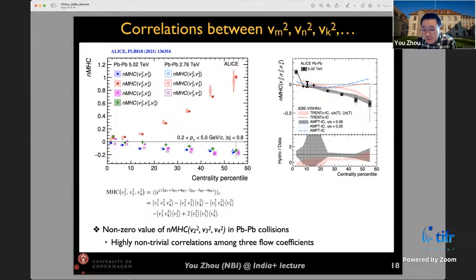But then this new observable works quite okay for the AMPT calculation, while the Trento could not describe the data. It underestimates the correlation by more than 50% if you look at the ratio here. They are shown by these red shadows. So that basically shows us that by looking at this high order correlation between three different flow coefficients, we can actually have stronger constraints on the viscosity of the quark-gluon plasma.